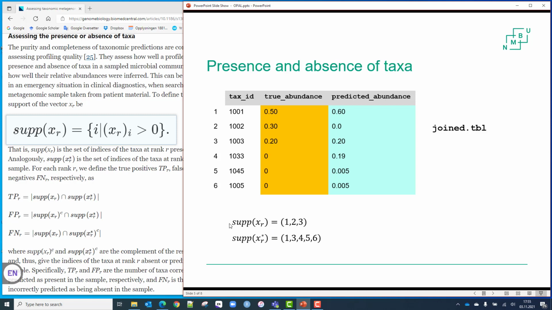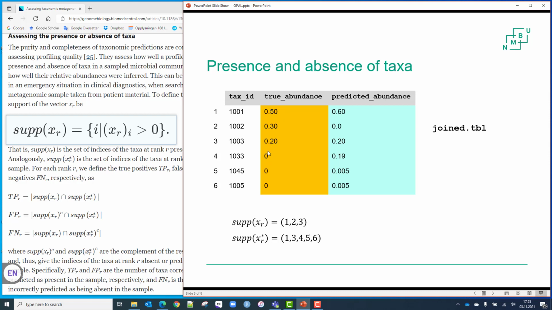Here they are. The support for this xr vector is the set 1, 2, and 3. So these are the indexes, the row numbers, where the corresponding abundances in this column are larger than 0. Right? This is larger than 0, this is larger, this is larger, but this is not larger than 0 because it is 0.